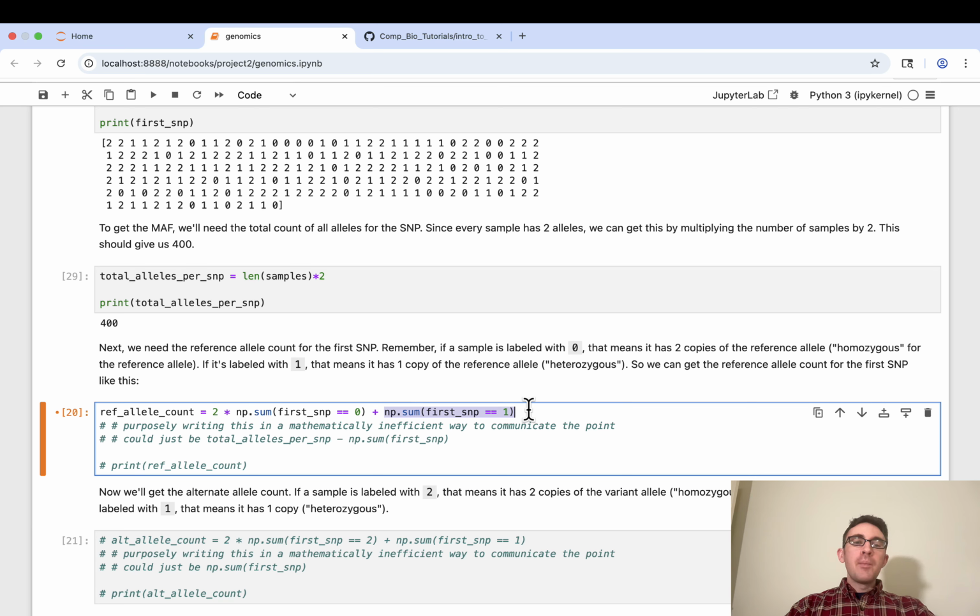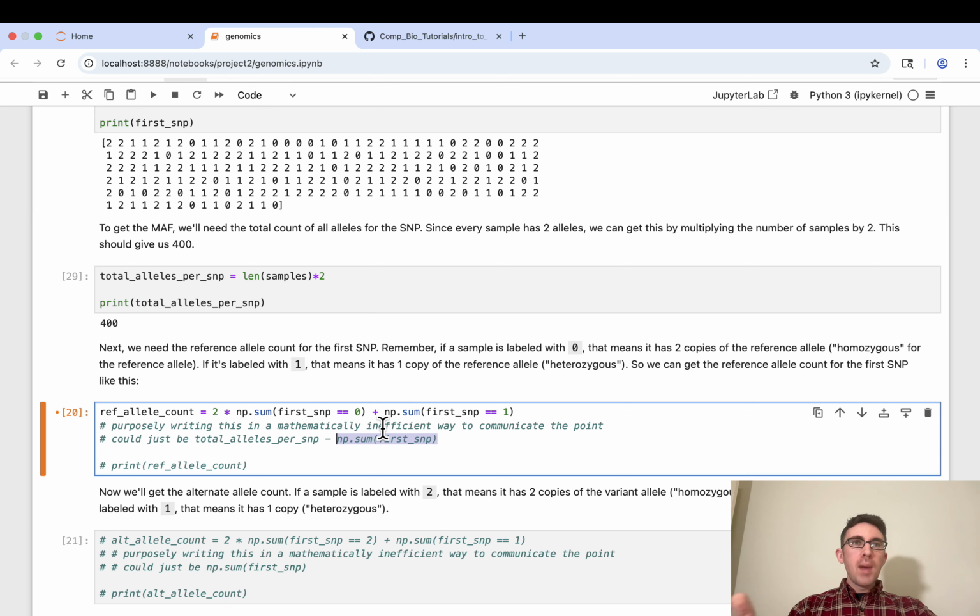I'll note that I did this counting in not the most efficient way. I'm doing it this way to make a point and to make it easy to understand what we're actually counting. But if you want to do this in a more mathematically clever way, it is equivalent to sum up all of the zeros, ones, and twos in the array and subtract that from the total alleles per SNP.